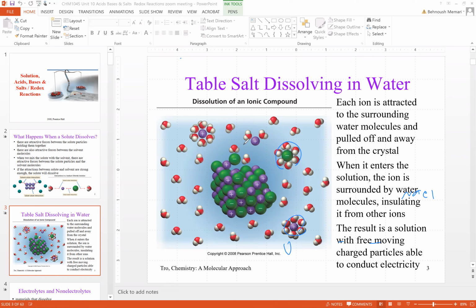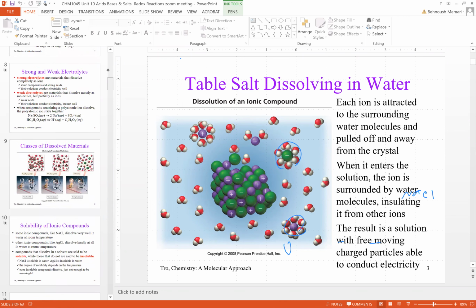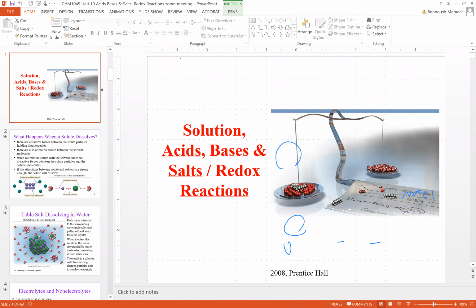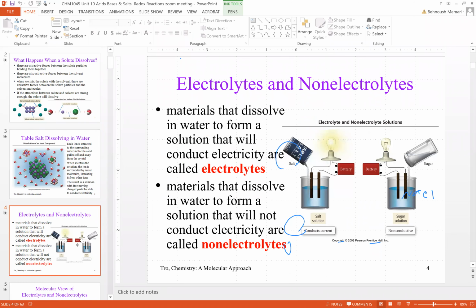Ions, they can transport electrons, and solutions that contain ions are known as electrolytes. Electrolytes basically applies to solution that can transfer electricity.